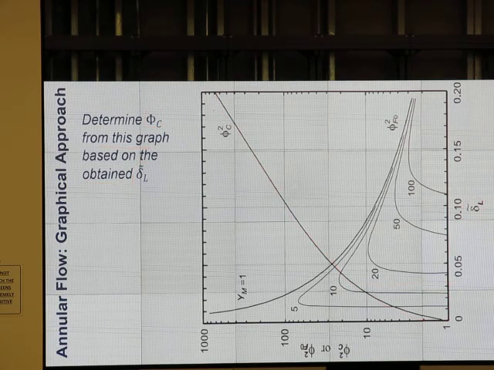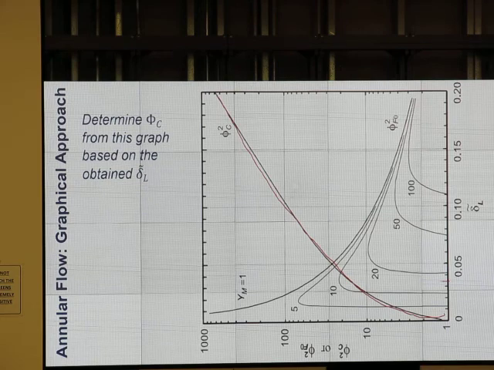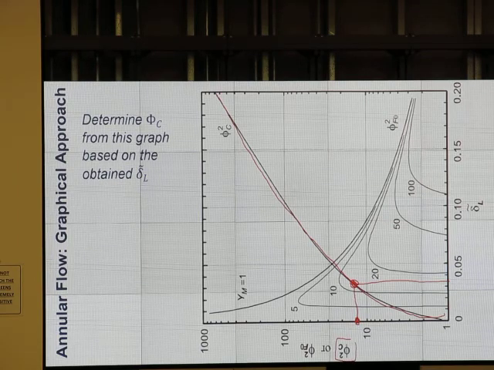So that line is the line to read phi_c squared. So when I start from 0.035, I read this line, then I go to the axis, then I can get phi_c squared. So phi_c squared may be about, how much do I get?